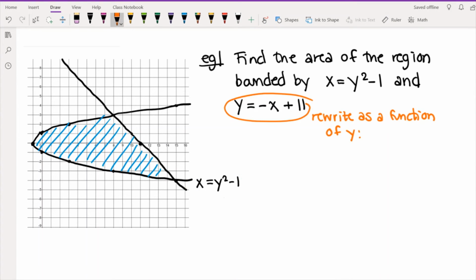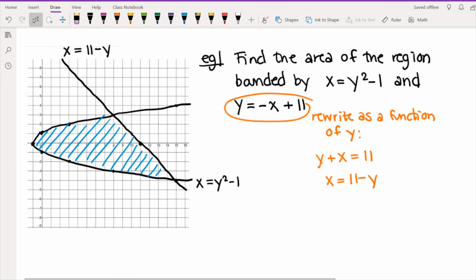So if we solve this for x, we would get y plus x is equal to 11. And so that means that x is equal to 11 minus y. So this function, now we're going to think of it as x is equal to 11 minus y, or you could call it negative y plus 11, either way.